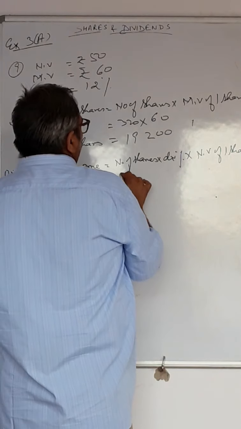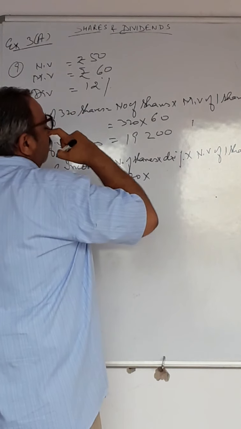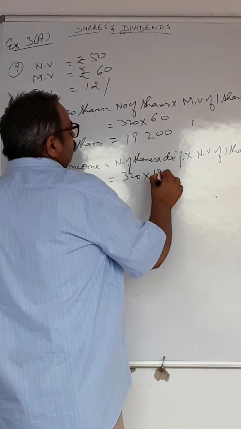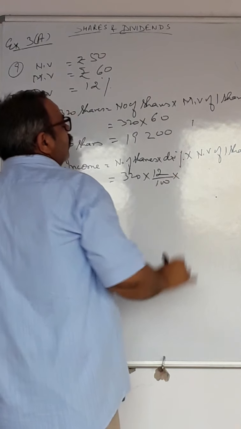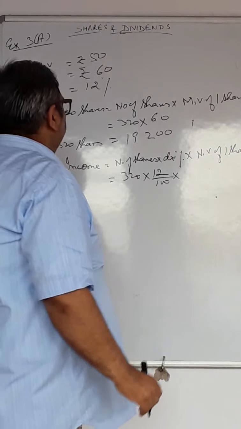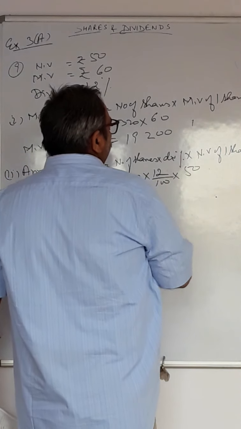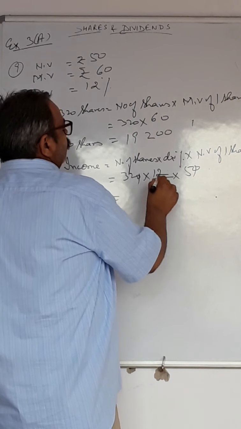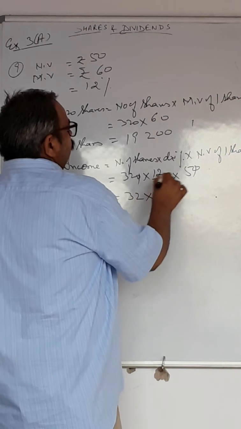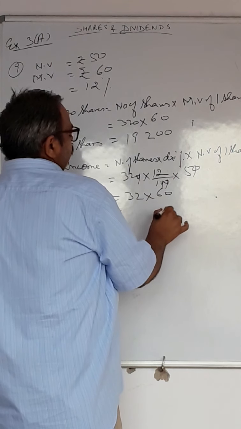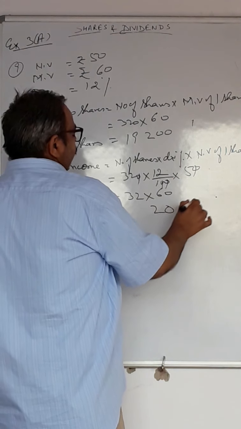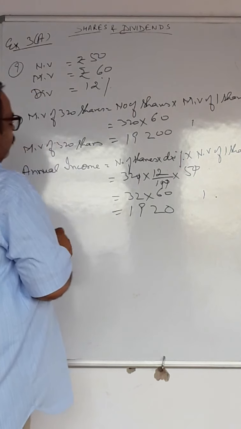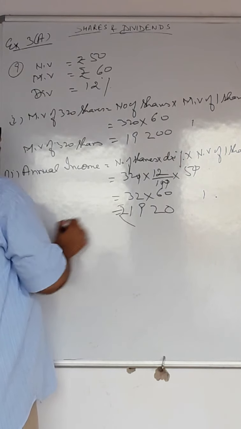Number of shares 320, dividend 12%, 12 upon 100, nominal value of 1 share 50 rupees. Cancellation 0, 0, 0, 0. 32 into 12, 5 is 60, 0, 6 2s are 12, 3 6s are 18. 1920. Second answer, you check. Check second answer, annual income.